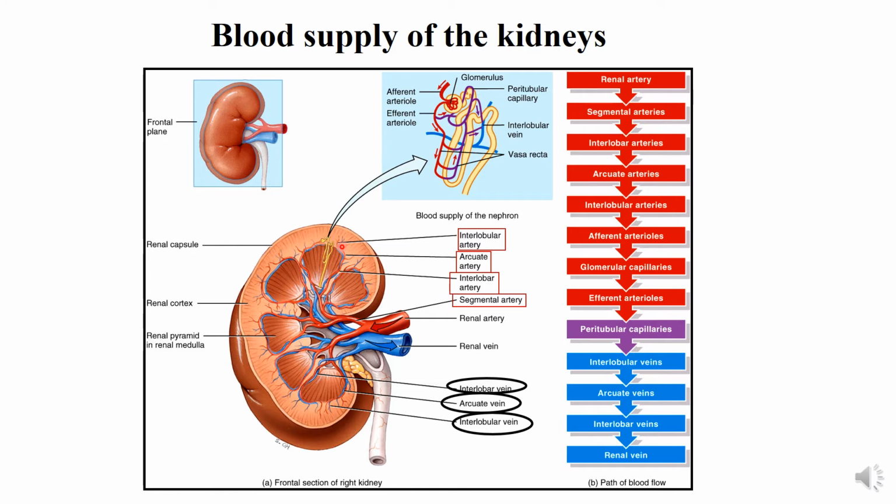Each nephron receives one afferent arteriole. In the nephron, each afferent arteriole divides into a ball-shaped capillary network, and this is called the glomerulus.